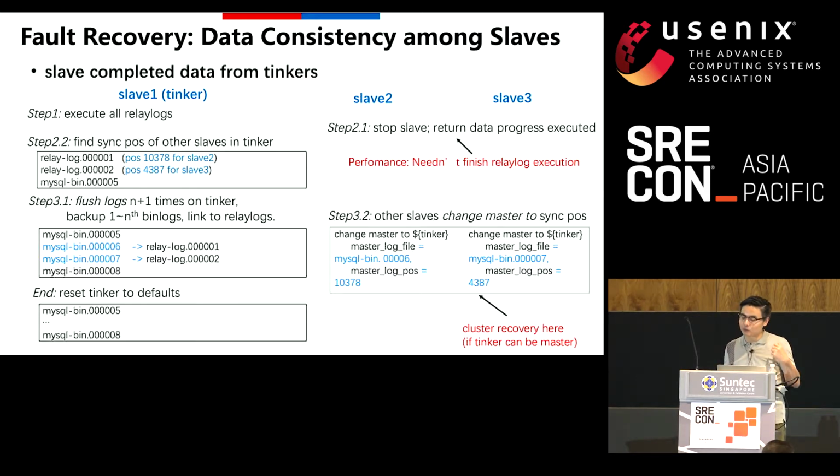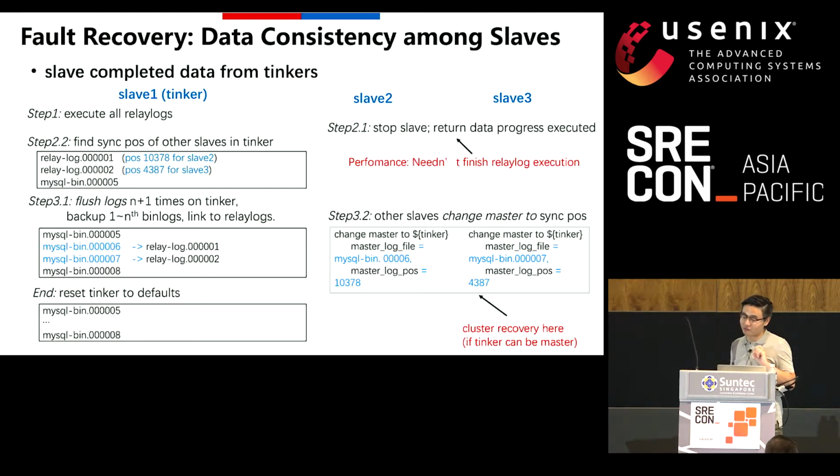So step 3, the tinker will find the relative position of other slaves by scanning its relay log once. In MySQL, it's not allowed to change master to a slave's relay log directly. So to avoid dumping the MySQL file, we use a trick. For example, slave 2's relative data sync position is in relay log 1, and slave 3's is in relay log 2.